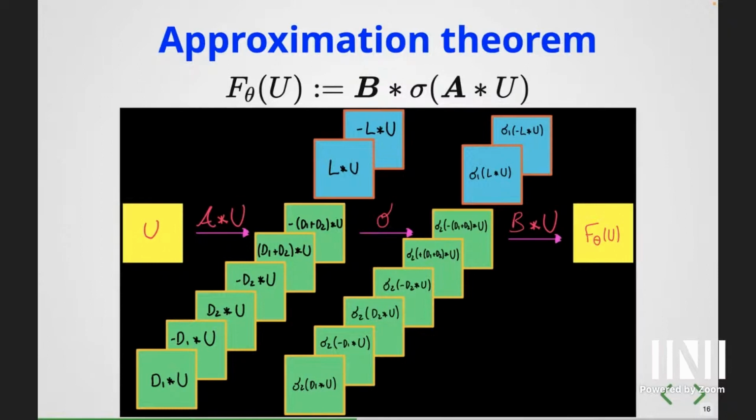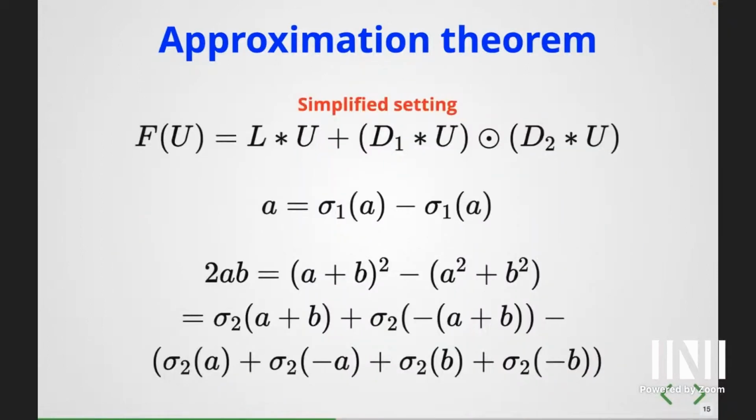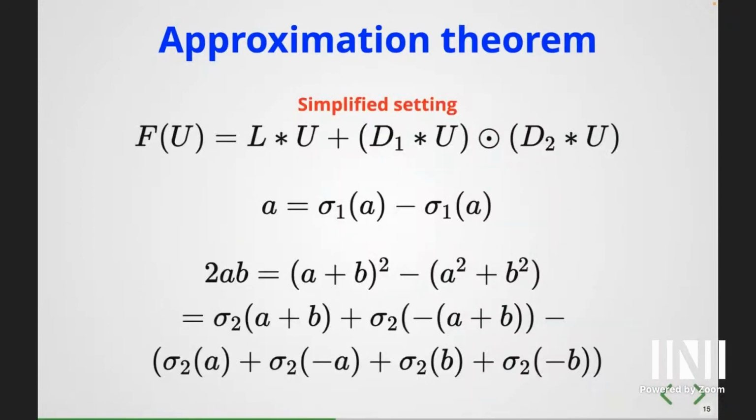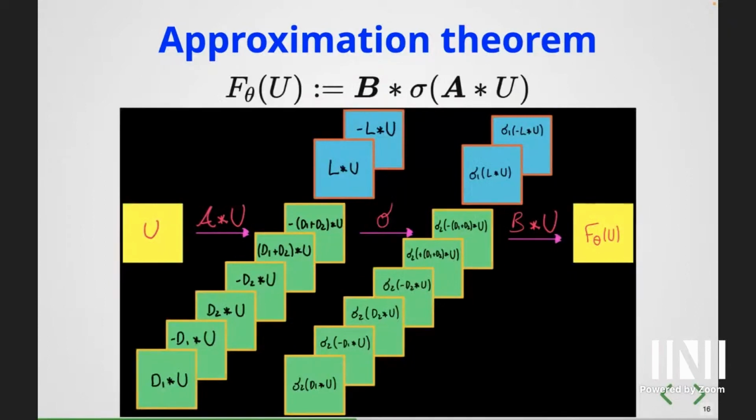And then what we have seen here is that we can recover the L times U part by simply summing or subtracting the first part, sigma 1 of a, with sigma 1 of minus a. This means that B star U is simply taking the difference of the last two phases of the tensor. While for this part, we need a bit more, in the sense that we need to take 1/2 of these 2 parts and minus 1/2 of these parts and just sum them up. But this is something we can easily do with convolution.